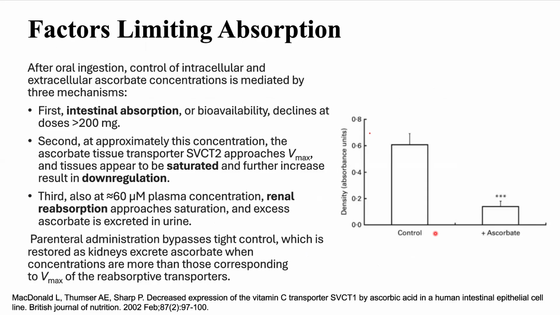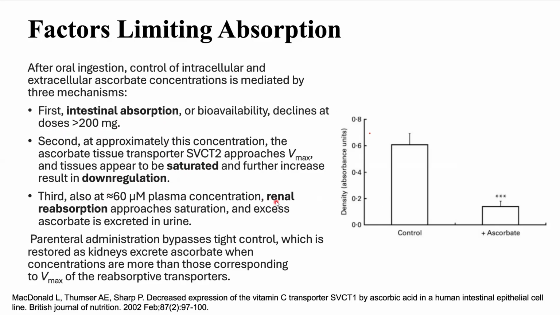They found out that these vitamin C transporters are very selective, and they actually get saturated when you increase the concentration of vitamin C. First of all, if we talk about the factors that limit the absorption, intestinal absorption or bioavailability declines at doses greater than 100 milligram. And why is that? Because there is saturation and also downregulation of these receptors.